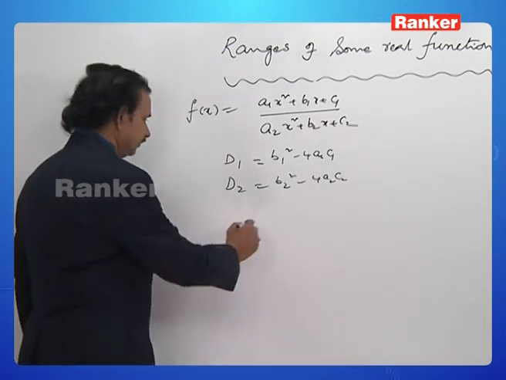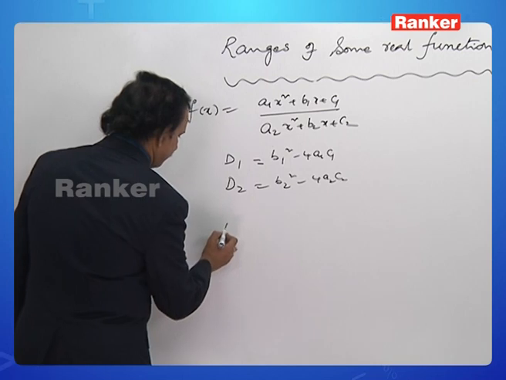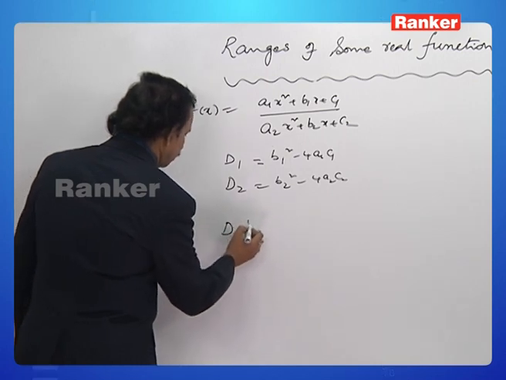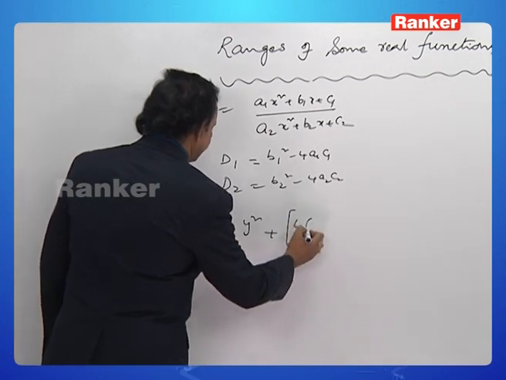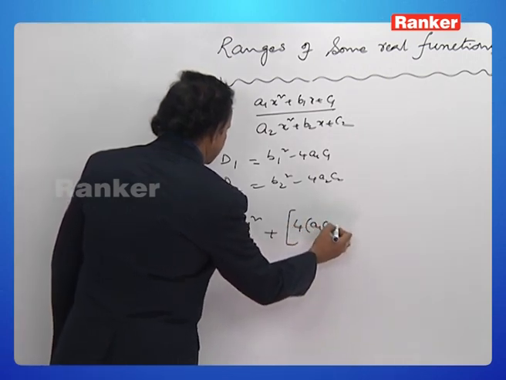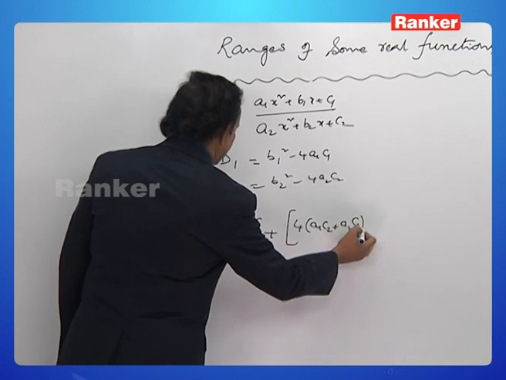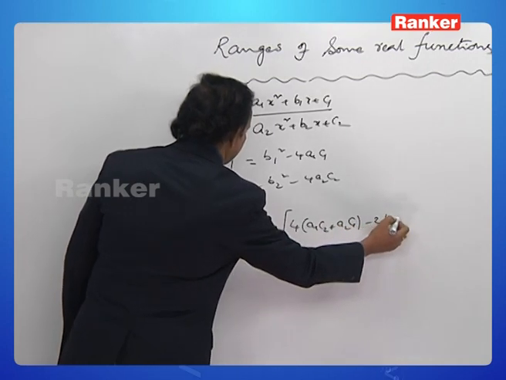How? Look here. D2 into y square plus 4 into a1c2 plus a2c1 minus 2b1b2 into y plus D1 greater than or equal to 0.